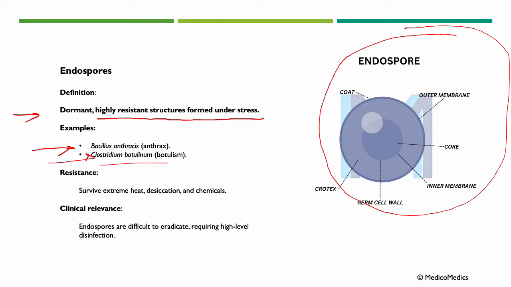And like we said, dormant, highly resistant. So these spores can survive extreme heat or dryness or chemicals, making them hard to kill. And very sneakily, they wait until conditions improve to then get out and become active again.